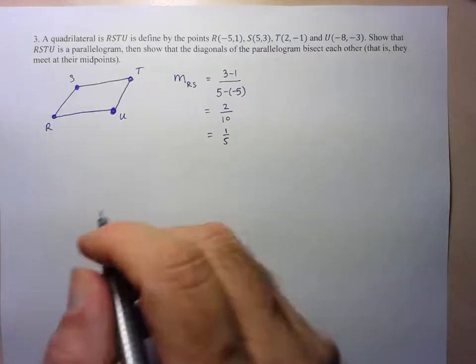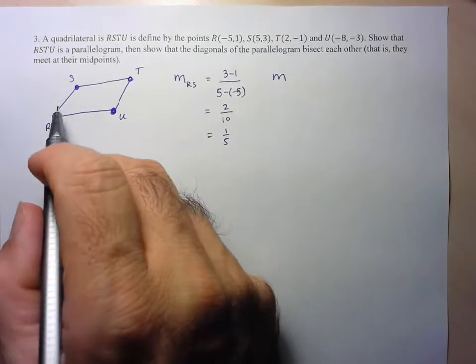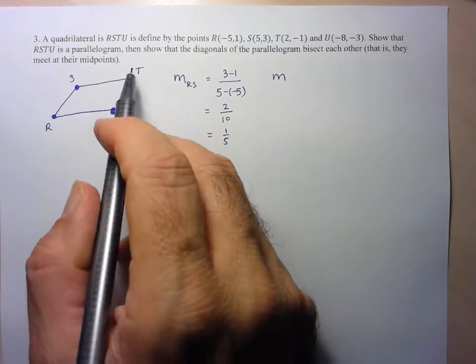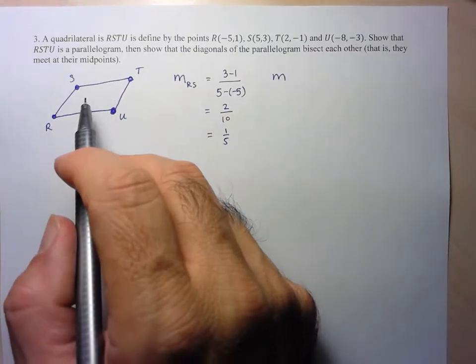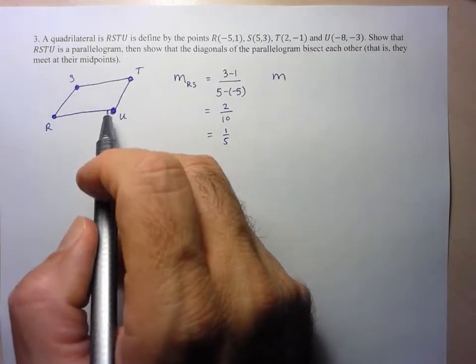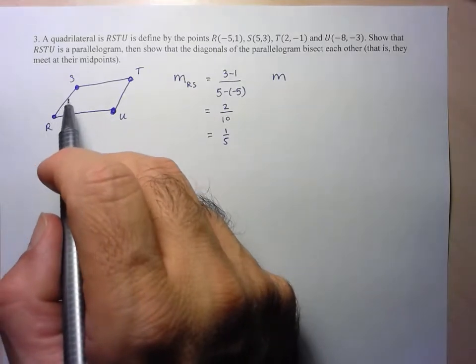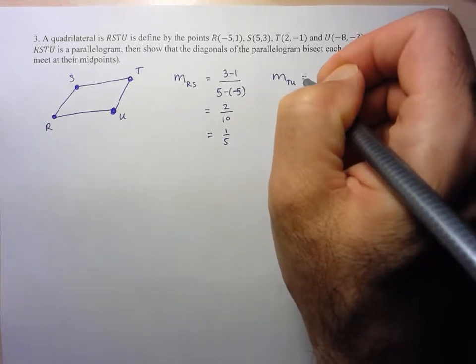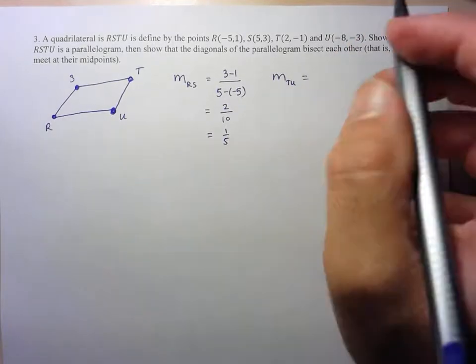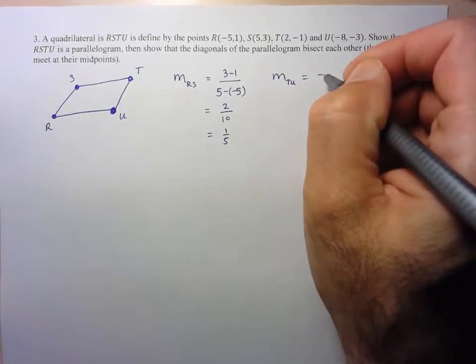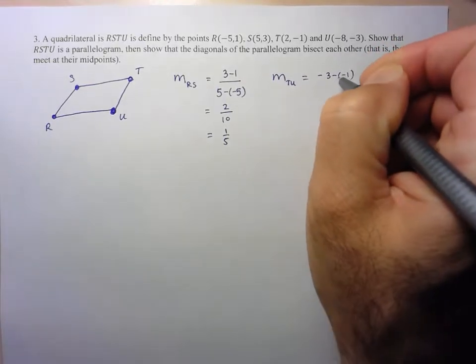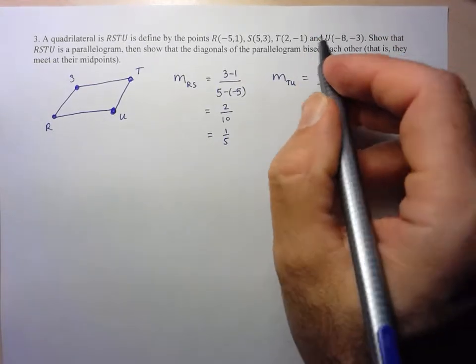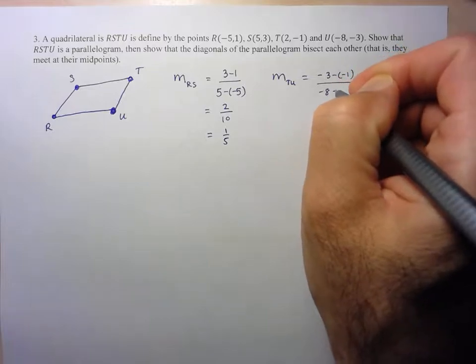Let's now find the slope of the side that's opposite. How do I know it's opposite? Well, that's where the diagram comes in handy. The fact that it's not precise doesn't make a difference. I can tell that the opposite side has to be TU. So let's find that slope: negative 3 minus negative 1, the difference in the y's, over the difference in the x's, which is negative 8 minus 2.